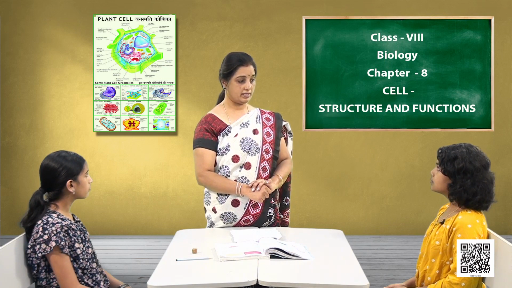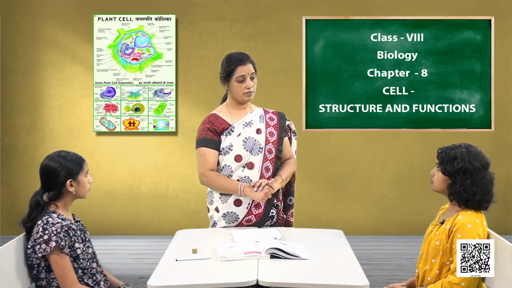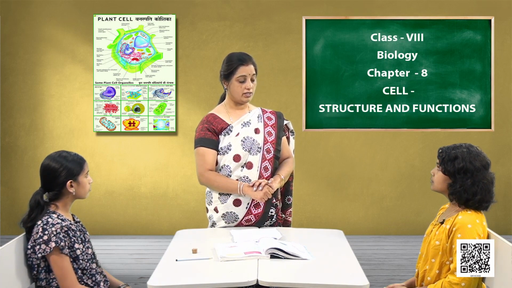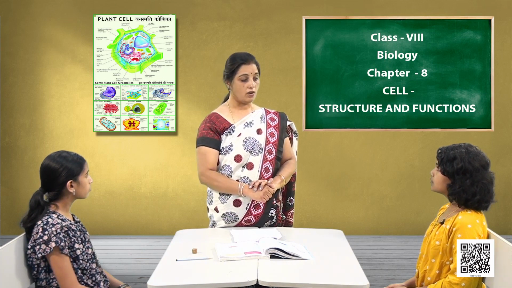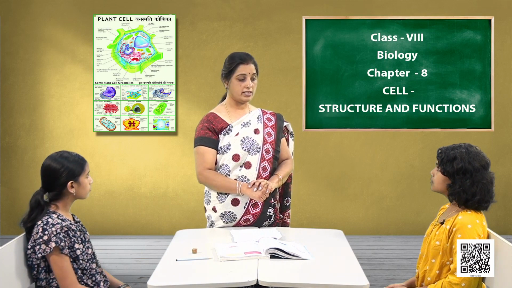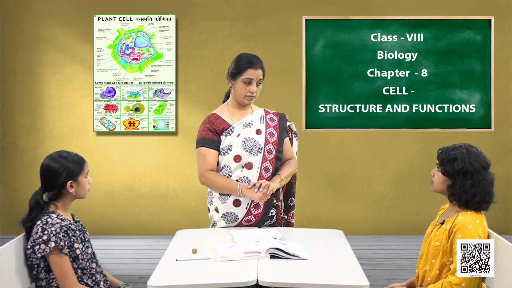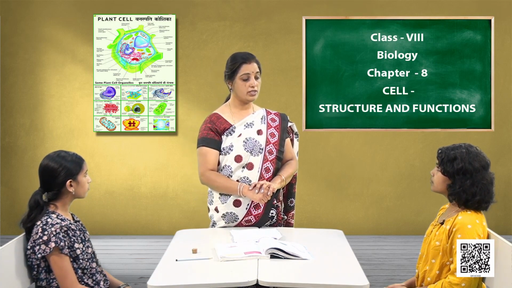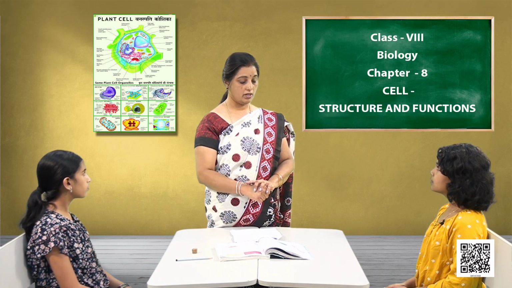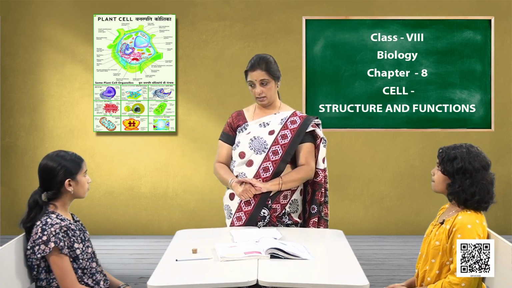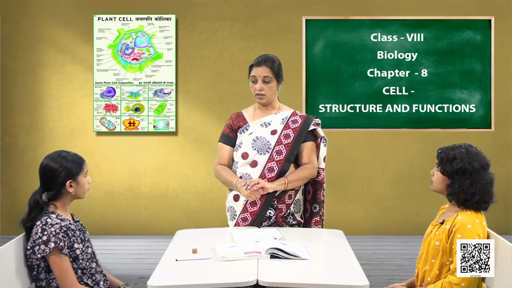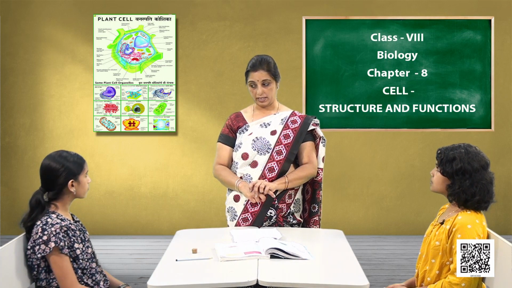We have many cells, and we also perform many life activities like respiration, digestion, egestion, etc. In the same way, a single cell organism can also perform all these activities by itself. And these single cell organisms are called unicellular organisms. Uni means single, multi means many. So we are all multicellular organisms.